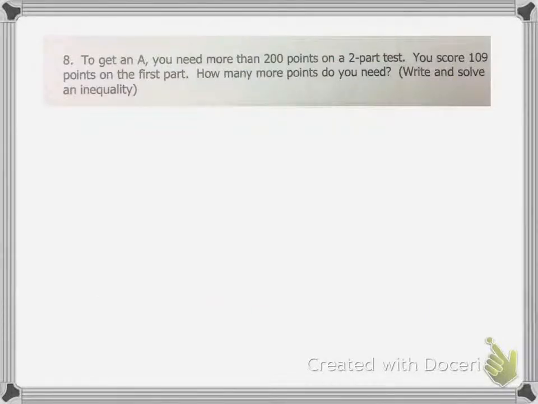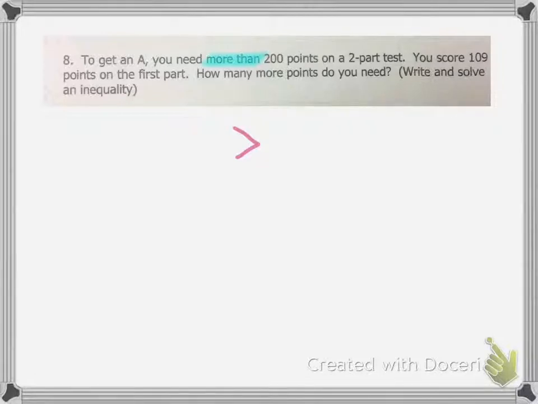Okay, number 8. To get an A, you need more than 200 points on a 2-part test. You score 109 points on the first part. How many more points do you need? We need to write and solve an inequality. Now, one of the first things that I notice is this phrase more than, and more than is going to suggest greater than.